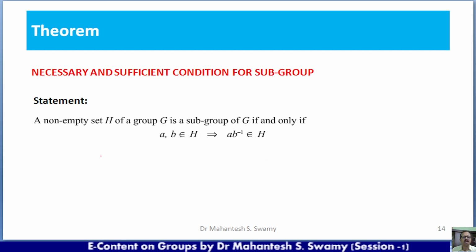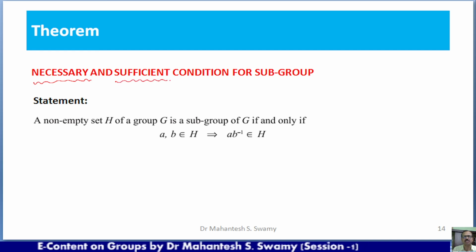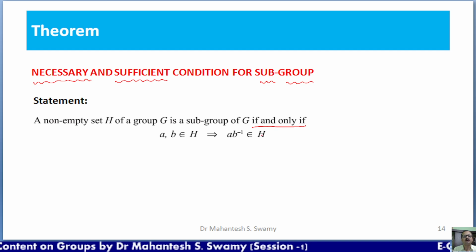Now let us consider an important theorem. In this theorem, see, this is going to become a necessary and sufficient condition for a subgroup. So what is it? Necessary and sufficient condition means an if and only if type of statement we have to prove.